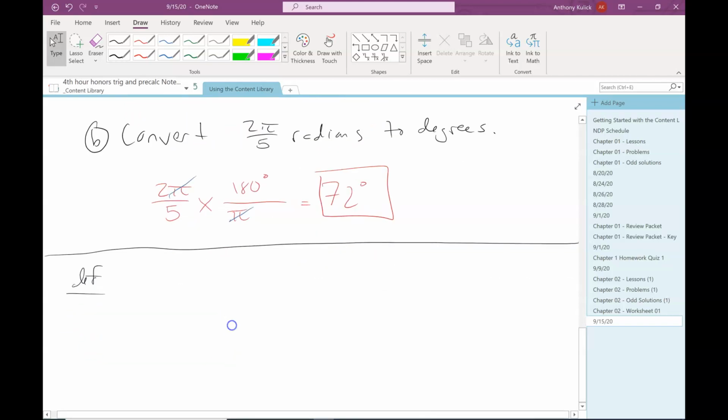So another definition. Let's say we have a central angle. We'll say that this is theta, and we'll say our theta is measured in degrees. Or I'm sorry, in radians.